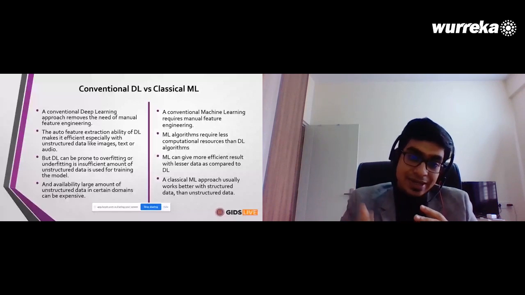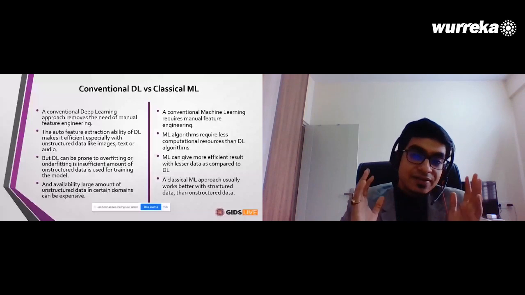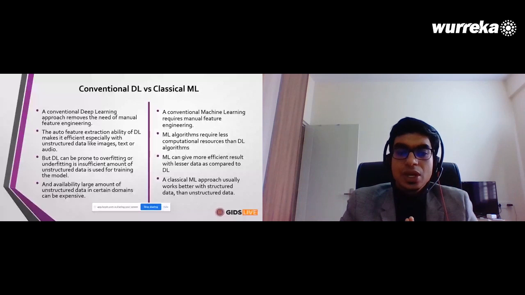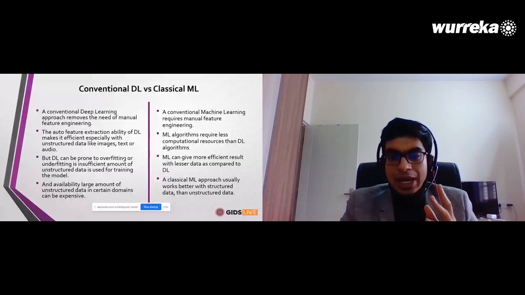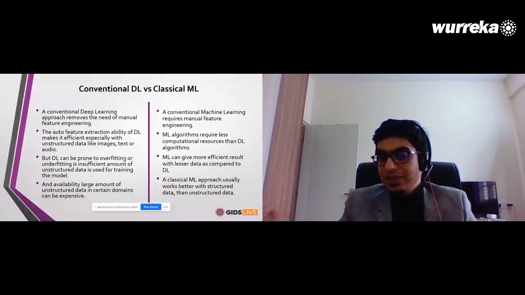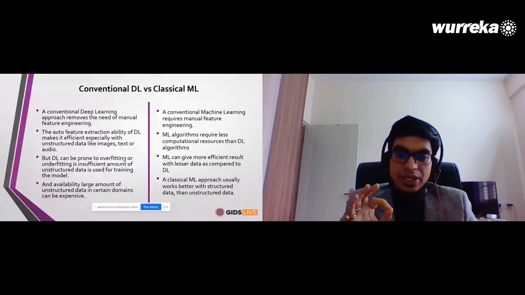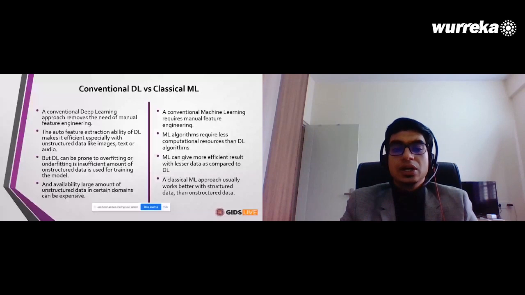Or when we train the model, we may see a very good training accuracy or other evaluation metric, but when we test the model on the validation or testing data set, the results are not that good. In most cases, that is due to the availability of the data. If the data is insufficient, these are some of the characteristics we get from a deep learning algorithm: typically it might overfit or it might underfit.